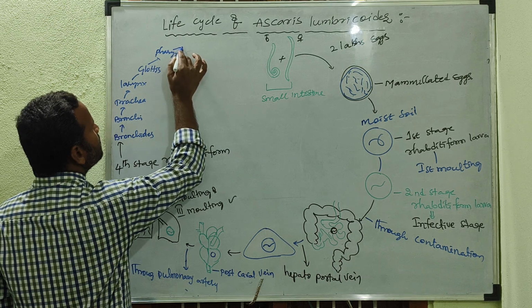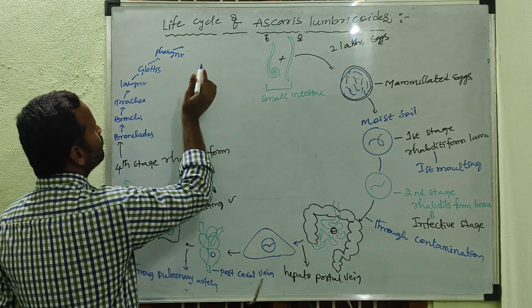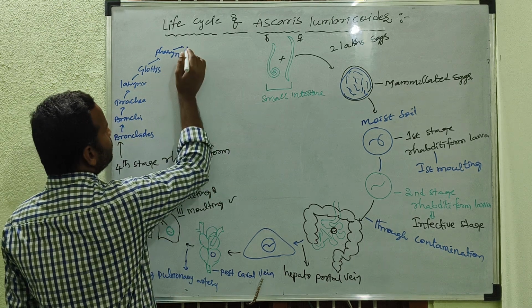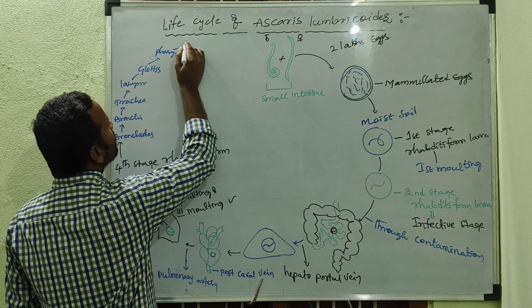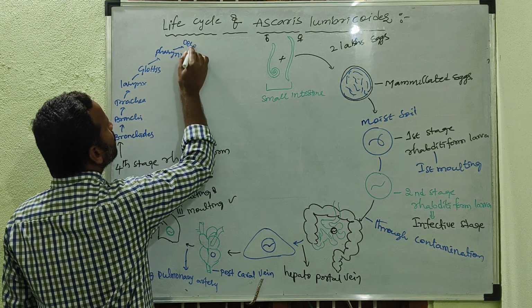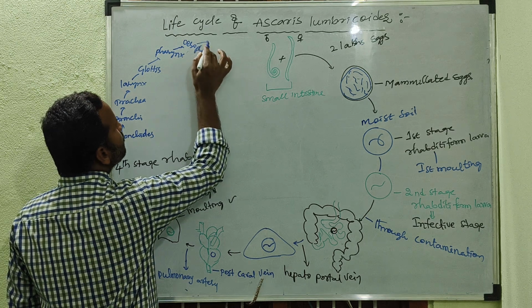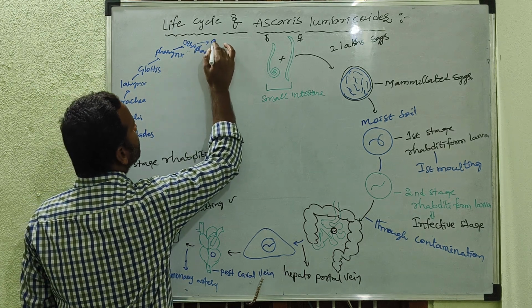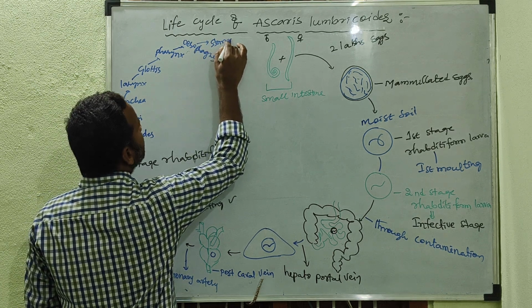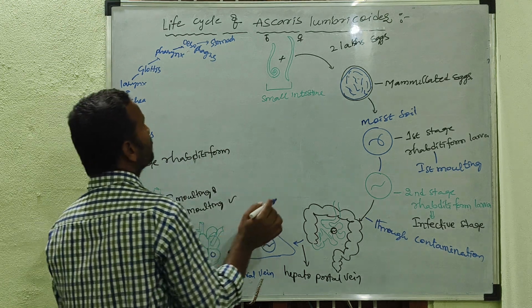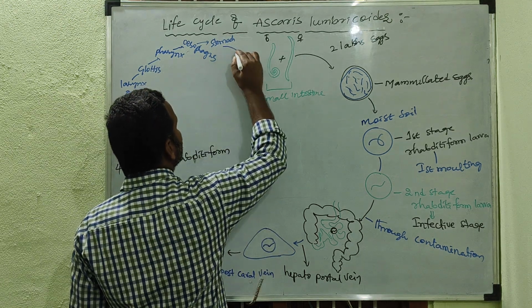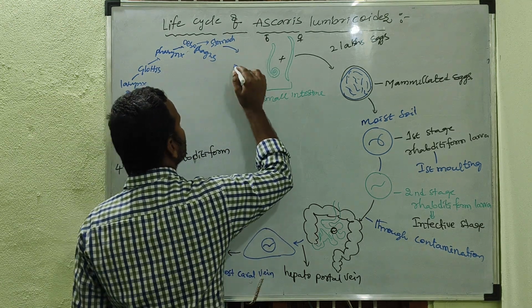From the pharynx, it enters the esophagus, from the esophagus to the stomach, and then from the stomach it reaches the small intestine.